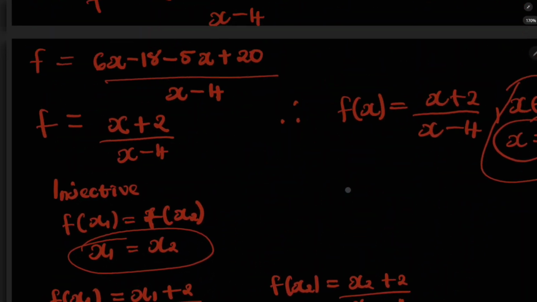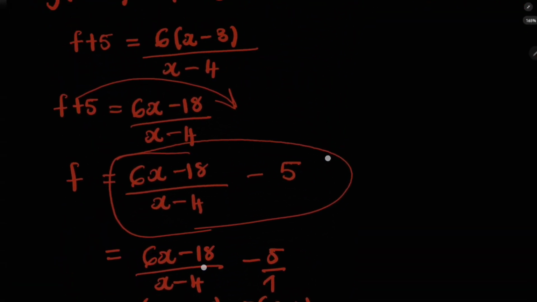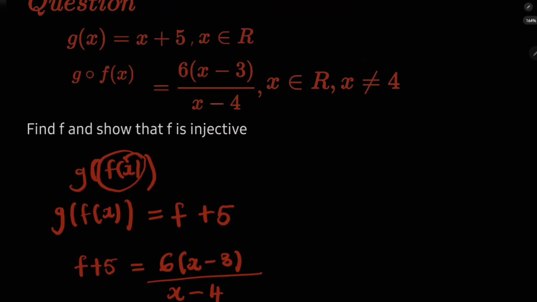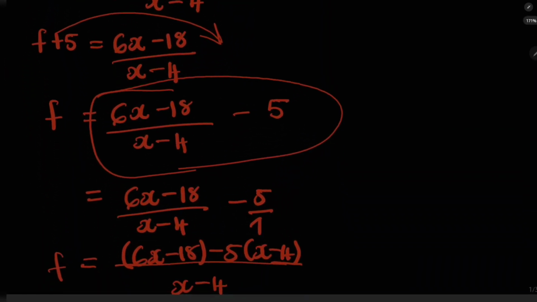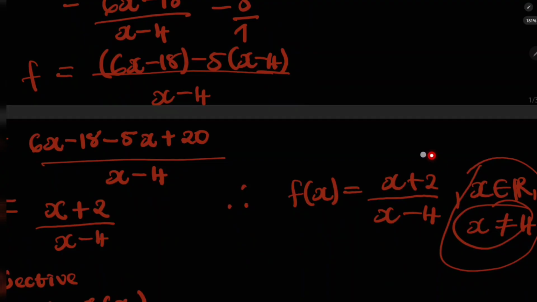Okay, so here we had to find f of x. Remember, we just put f of x in the g of x function and equated it to the g of f of x function we were given. So we just substituted it and had to make f the subject of the formula to find its function, and this was what we ended up with.